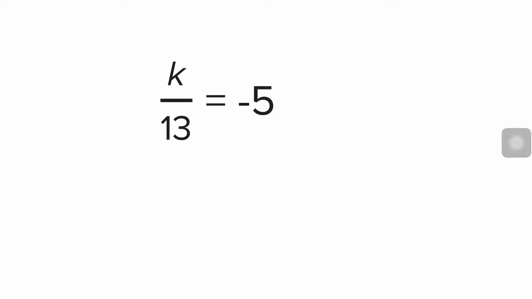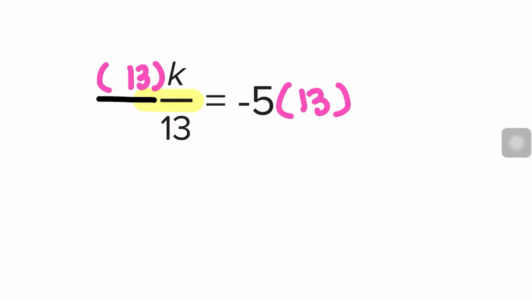So I noticed that we are dividing. So the inverse operation is to multiply. And you're going to multiply by 13. Why though? Well, there's always a 1 under a whole number.